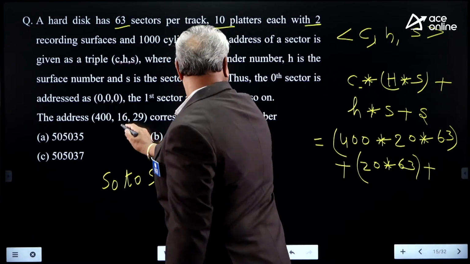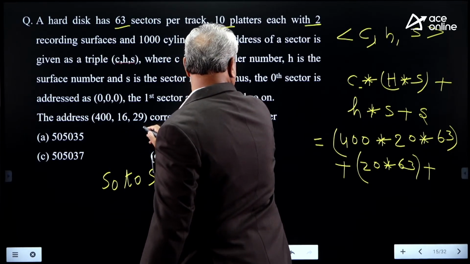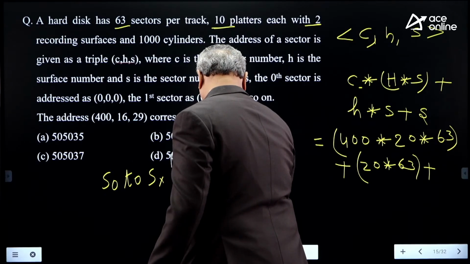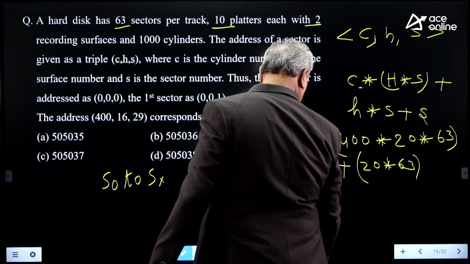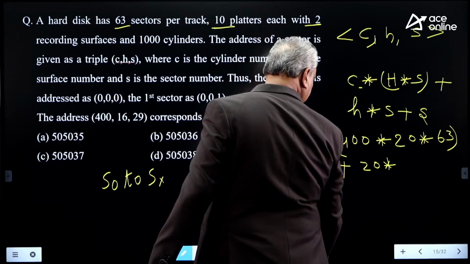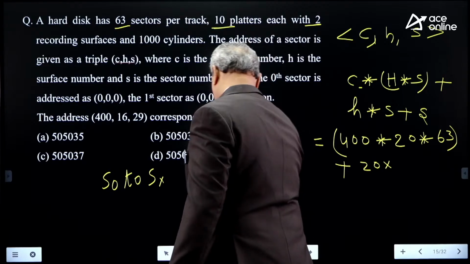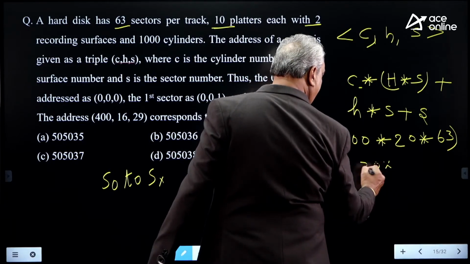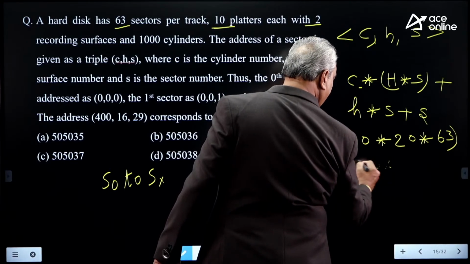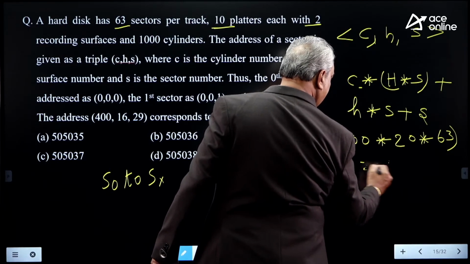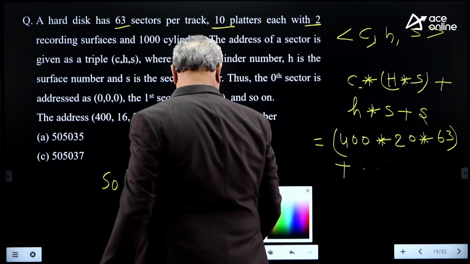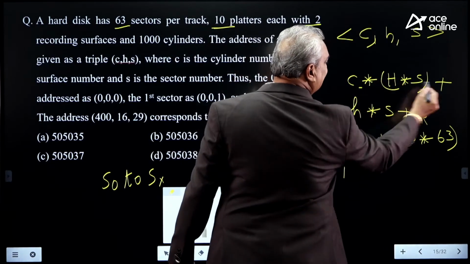Okay, now what about here? A small correction is there. Look here. Watch this one. Here we completed this one.